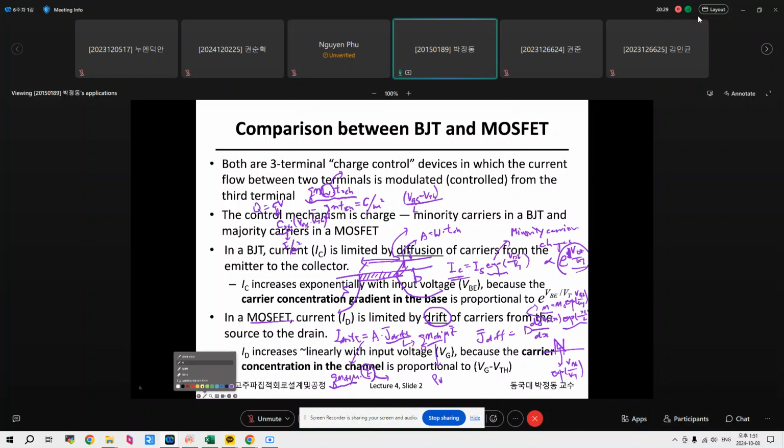The unit of this is actually coulomb per centimeter square. Okay, this is coulomb per centimeter square, which is exactly the same as this Q N T channel. Okay, so as a result, right?